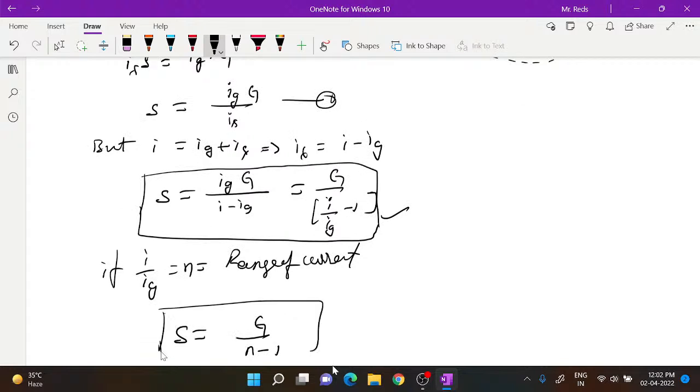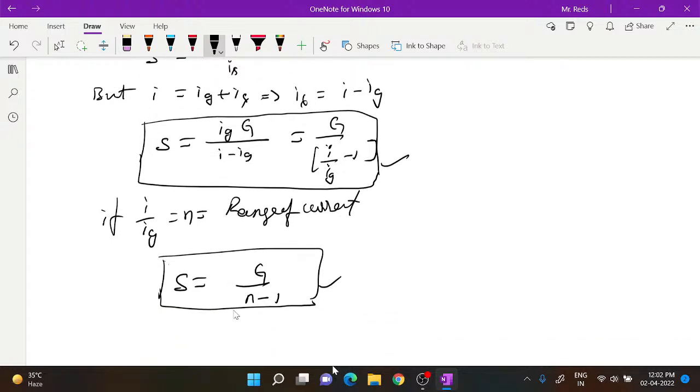S is equal to G by n minus 1. While doing the numericals directly, this relation also will be used sometimes. Here, what is n? We said I by Ig. This can also be expressed as n is equal to I by Ig, or the old value by new value, or new range by old range.